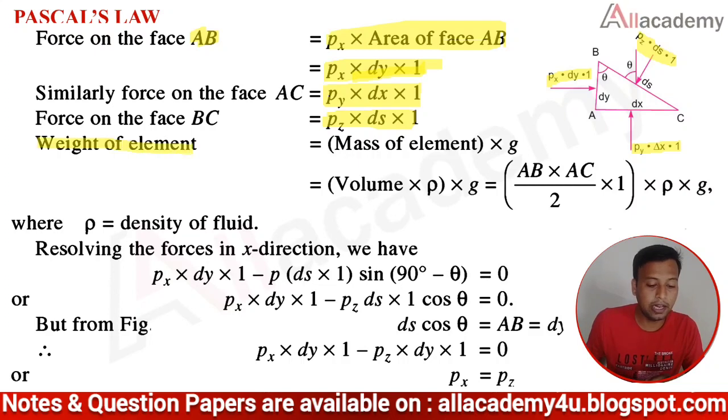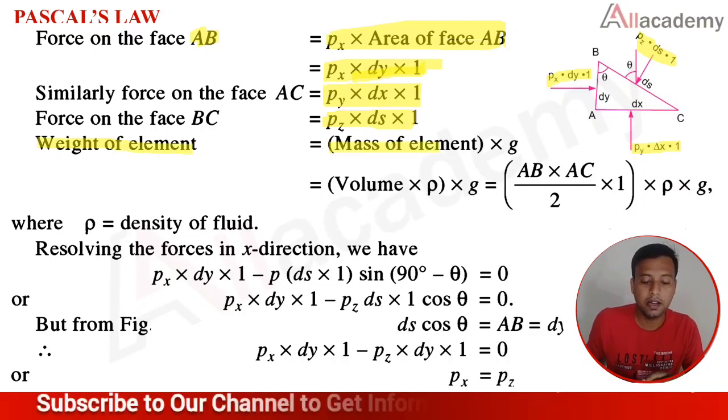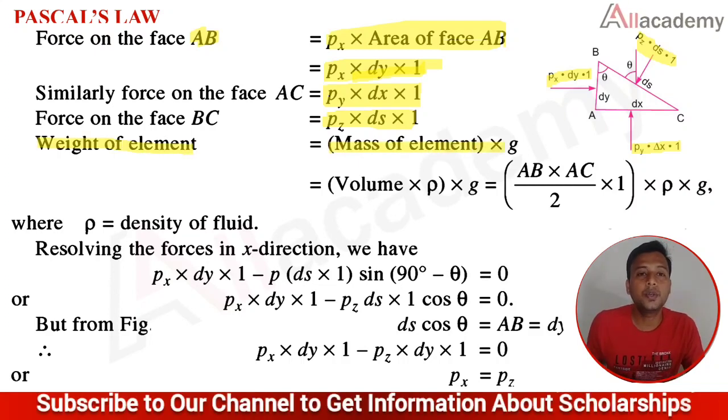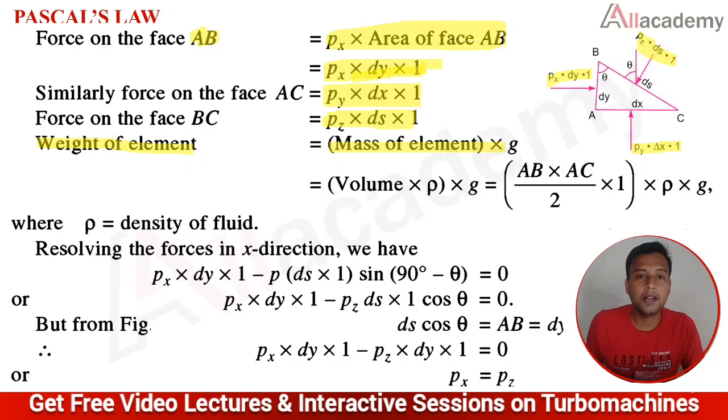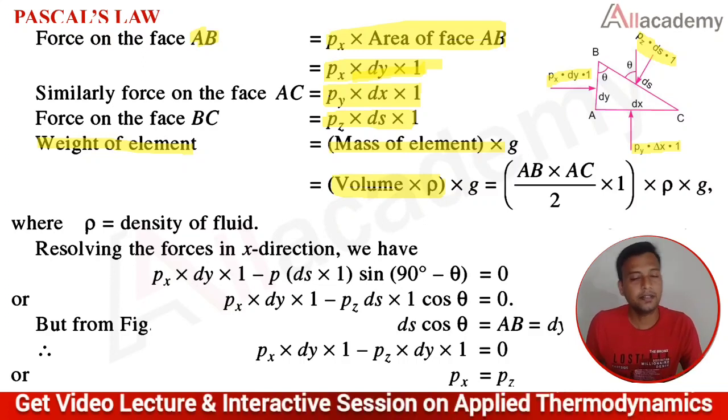The weight of the element is given as the mass of the element into the gravitational constant g, that is 9.81. How to calculate the mass of the element? It can be calculated as the volume into its density.